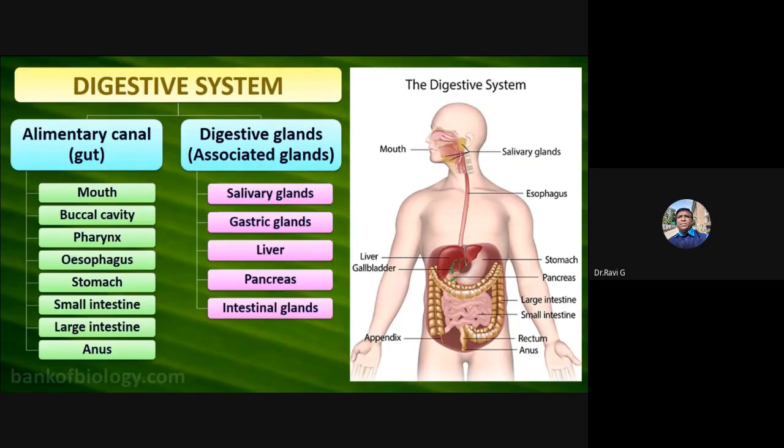They also have enzymes, and as I have already told you, the maximum digestion takes place in the duodenum of the small intestine. So more than the stomach, the maximum digestion takes place in the duodenum of the small intestine. So let us understand the digestive system, which is majorly made up of the alimentary canal or gut and the associated digestive glands.